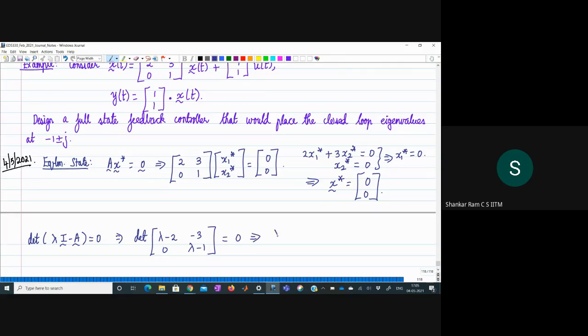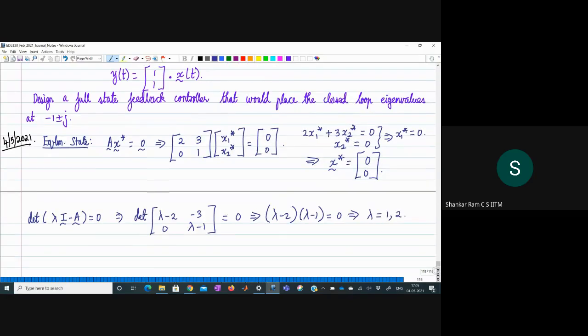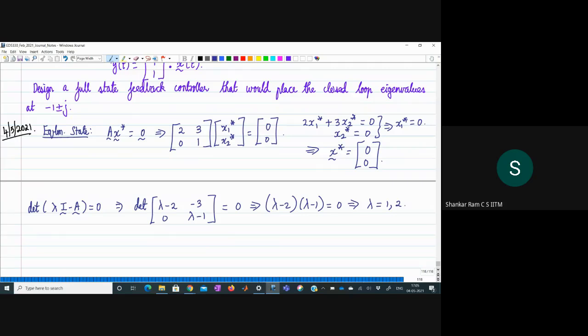This will give us (lambda minus 2) times (lambda minus 1) is equal to 0. This will immediately result in the eigenvalues being 1 and 2. So the eigenvalues of the state matrix in this case are 1 and 2, and immediately we can conclude that the equilibrium state is unstable.